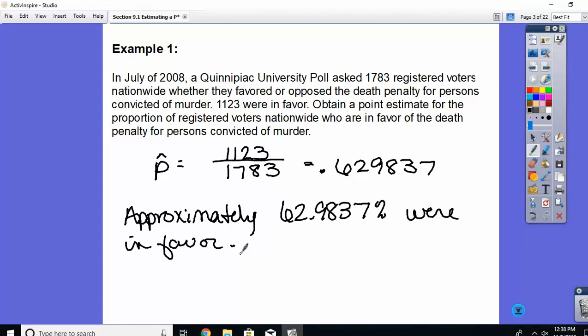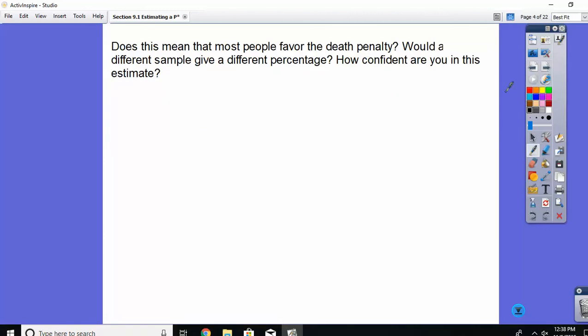Okay, so here's a question. Does this mean that most people would favor the death penalty? No, because it could have been a bad sample. Most people in my sample did. Does that mean that most people overall? It could, but not necessarily. Would a different sample give a different percentage?